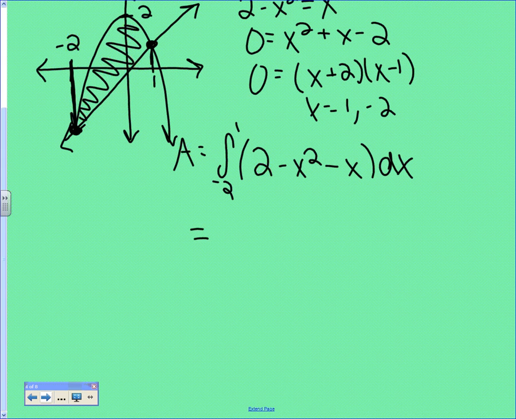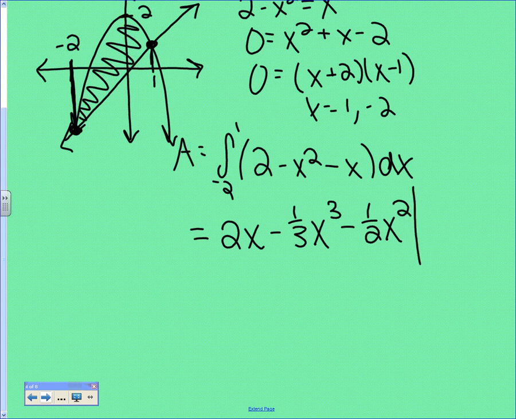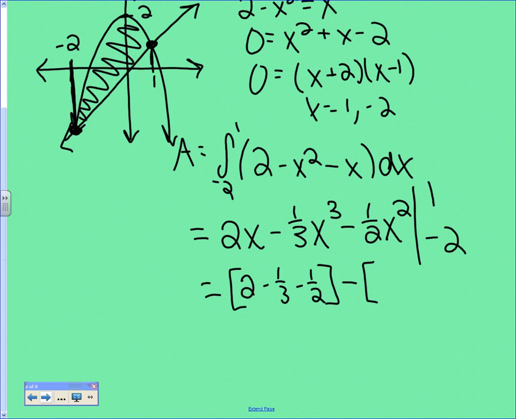So if you integrate, what would you have? 2x minus 1/3 x cubed minus 1/2 x squared from 1 to negative 2. So you plug in 1 first, and then you subtract, plugging in -2.